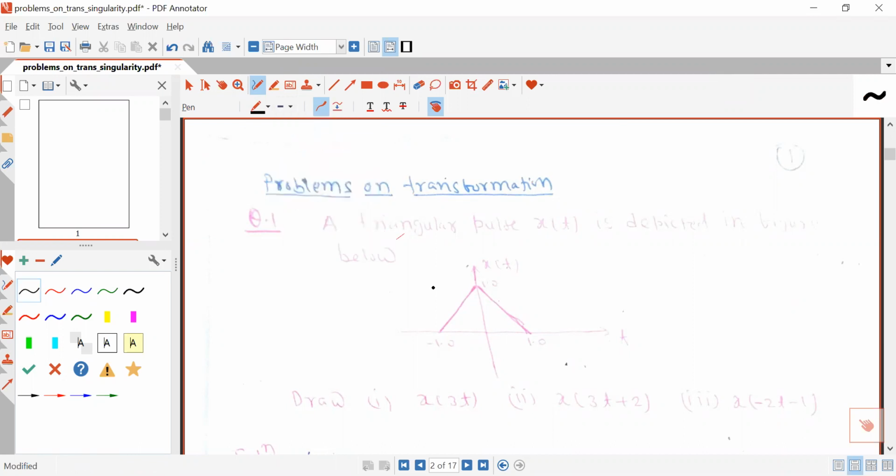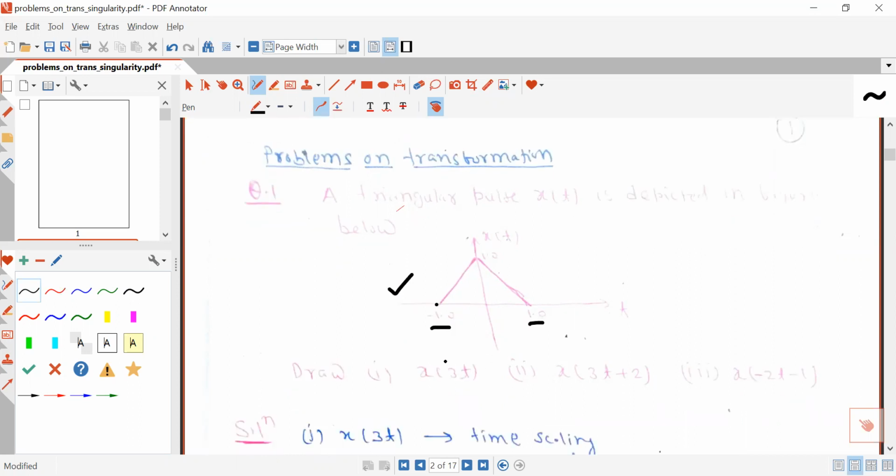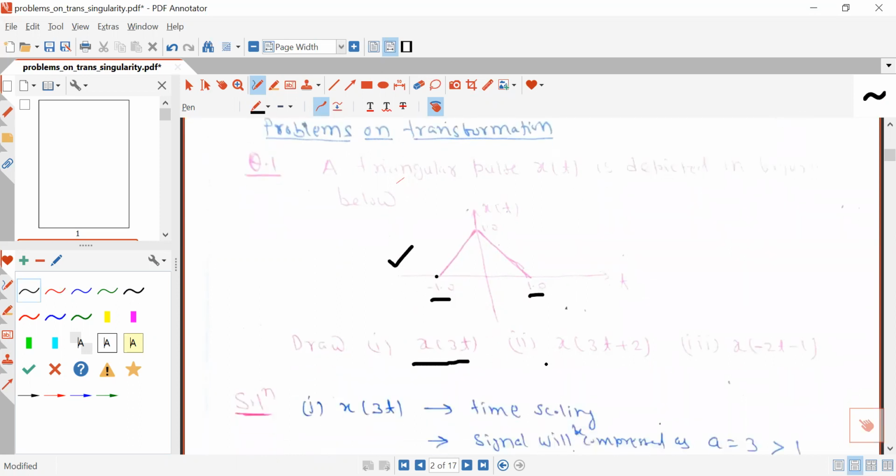In this problem, a triangular signal, or you can say a triangular pulse, has been given, and the signal crosses the time axis at -1 and +1. And now the question is to draw x(3t+2) and x(-2t-1).